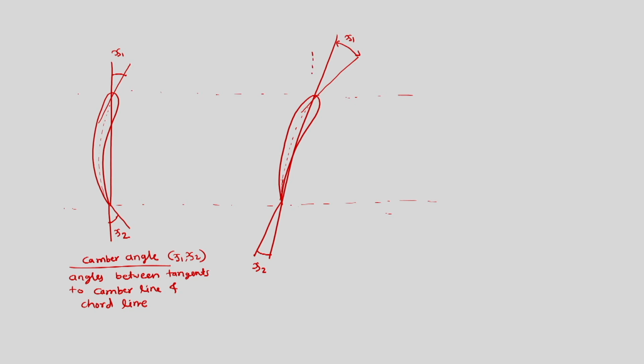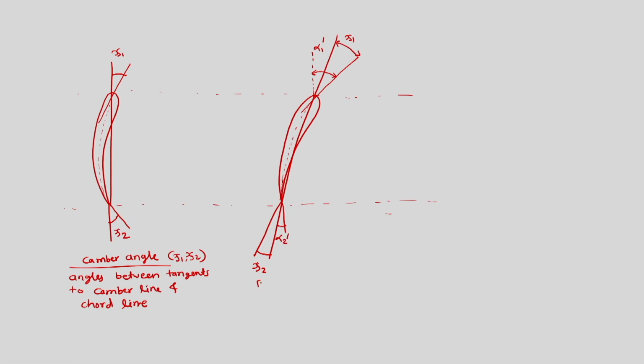Now, I will plot the axial direction here, and then we will have the tangent and the axial direction. We will have angle alpha 1 dash. So, similarly here also it is alpha 2 dash.